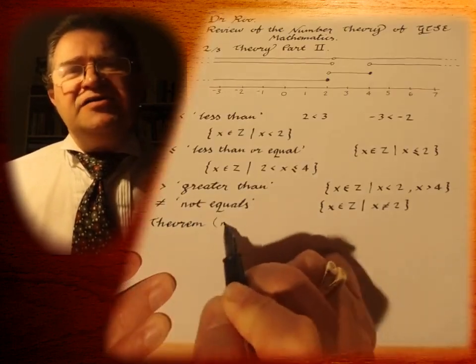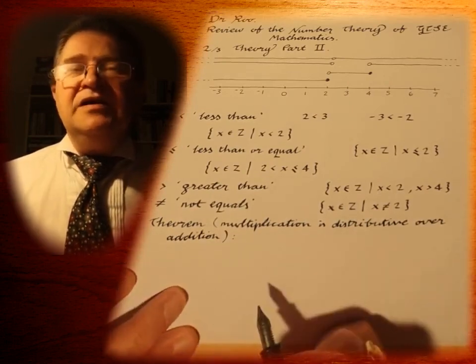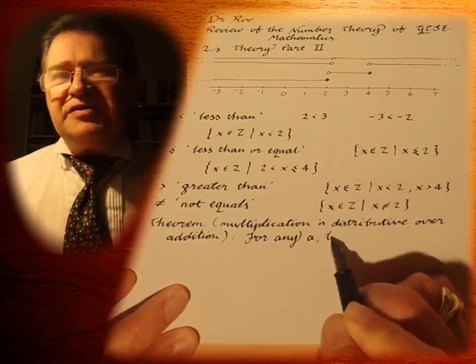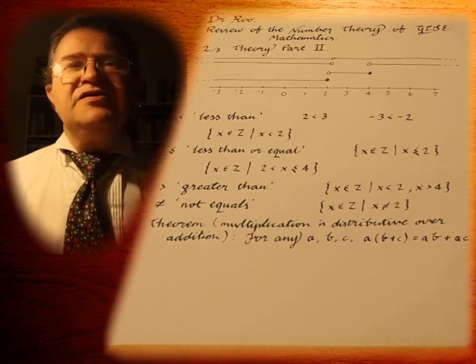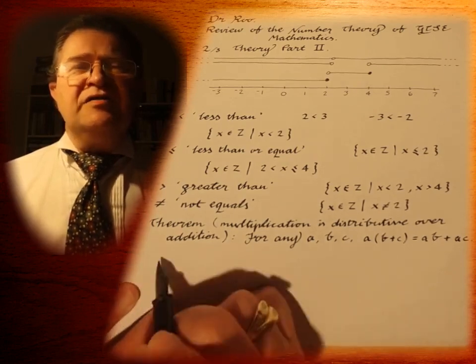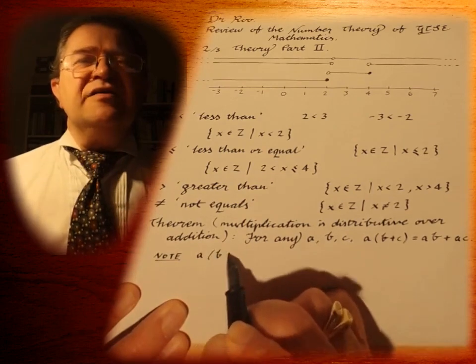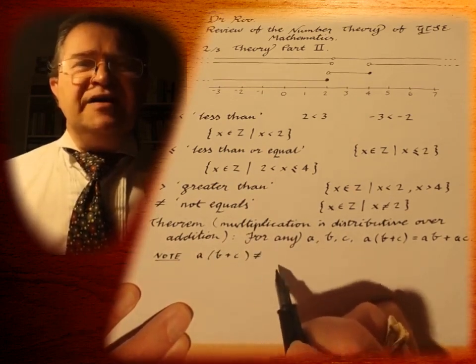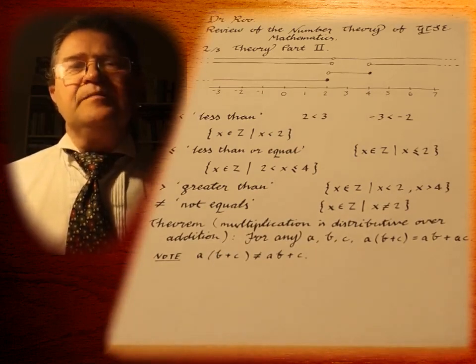Now for any integers a, b and c, a times (b plus c) is equal to a times b plus a times c. Note the use of parentheses again to change the order of operations here. Especially note that a times (b plus c) is not the same thing as a times b plus c, without those parentheses in there.